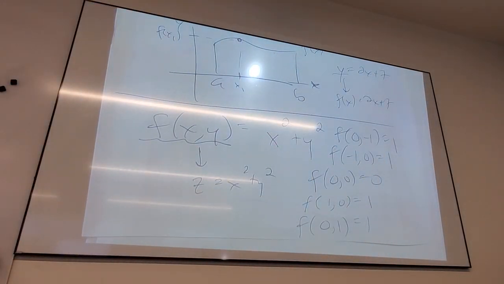Origin. Things right here. Roughly. Move over 1 in any direction, including diagonally, which we could do. If I move over 1, isn't the height going to be bigger? And so 1, 1, negative 1, negative 1, it's going to be at 1 at each of those points. Is everybody with me?